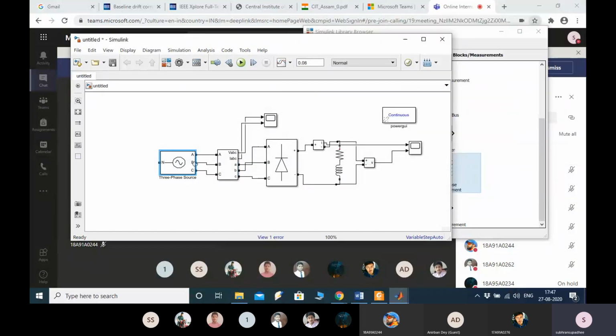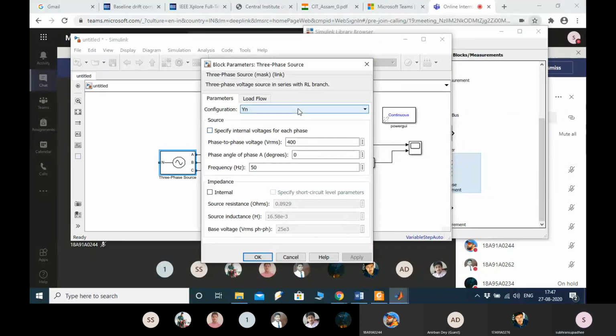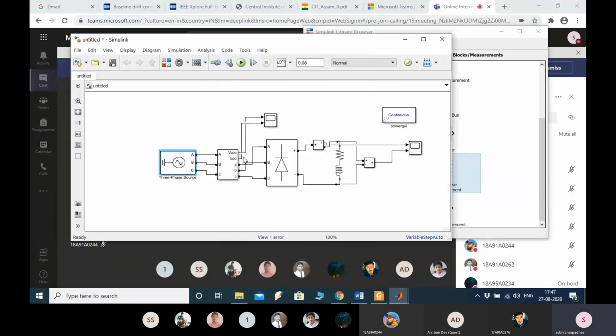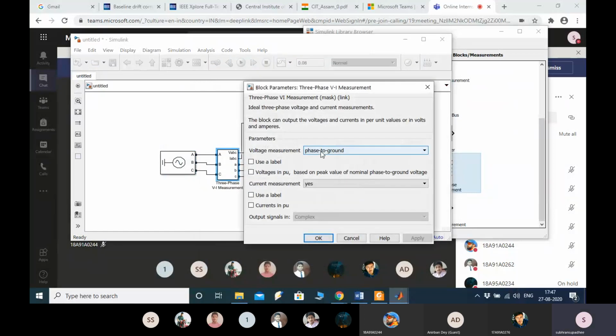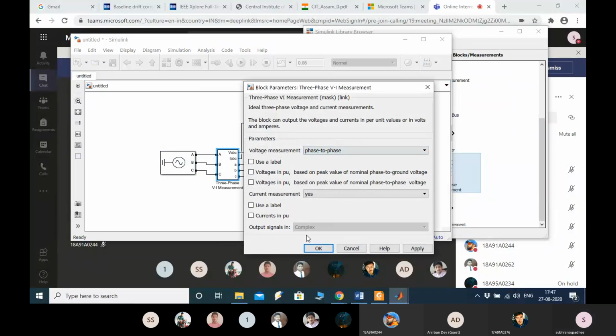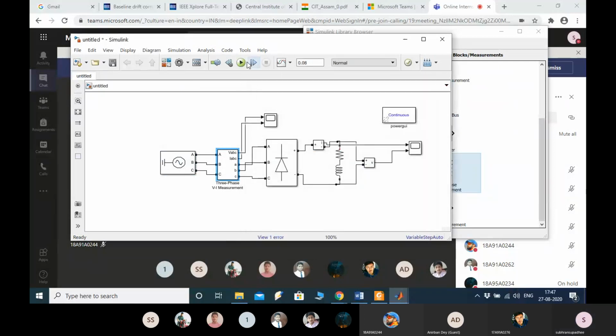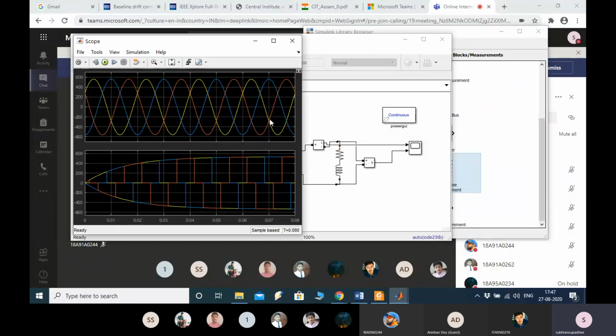Okay, wait a minute. YG, and here you can successfully make it page to page. Here there is a page to page.